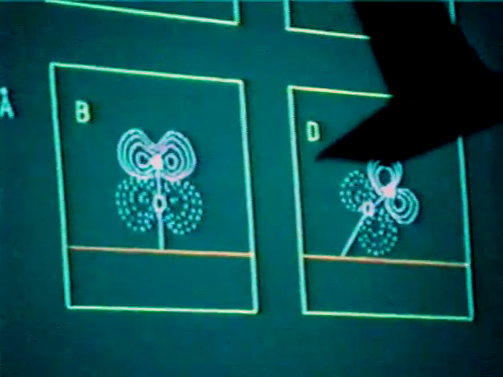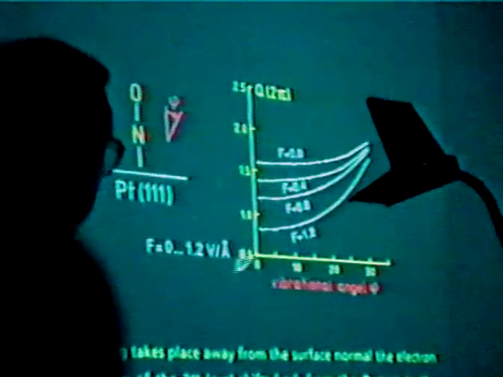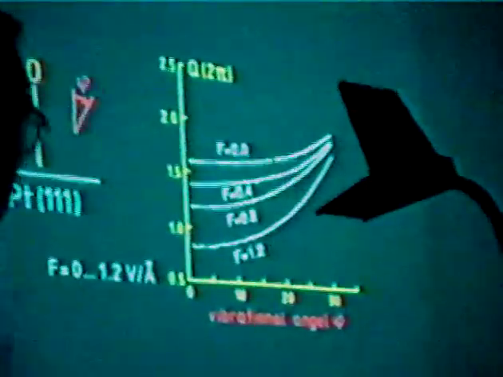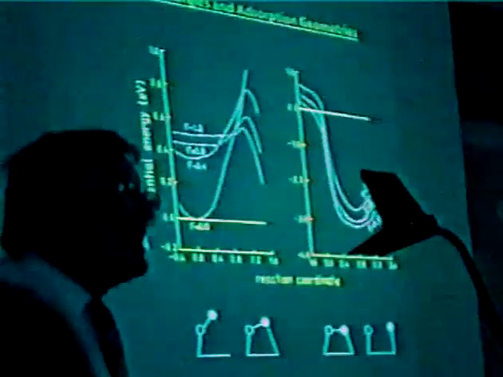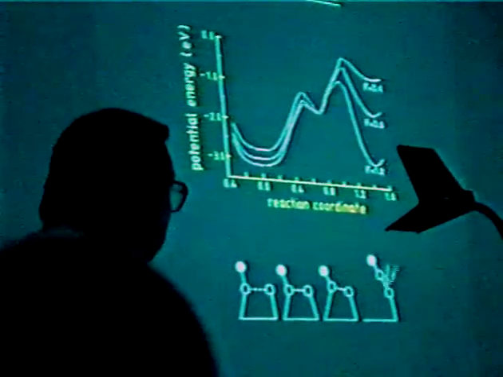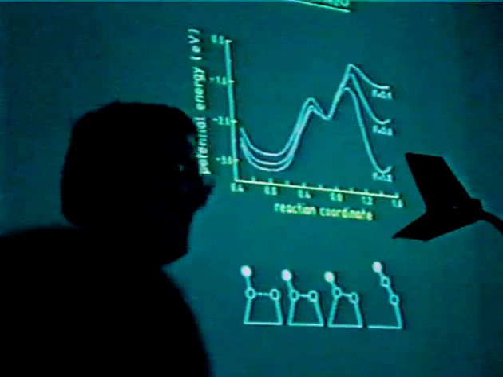One can calculate, next slide please, the charge transfer during the tilting angle at different field strengths and can calculate an activation barrier, next slide, for the dissociation of the NO molecule to nitrogen and oxygen. And also, next slide, one can calculate the formation of N2O when the nitrogen atom switches into the NO bond. This has been published in Surface Science. I will not go into detail because we have some other things to discuss.